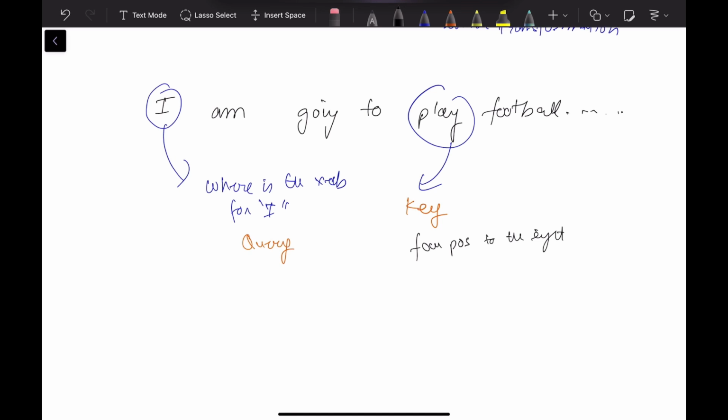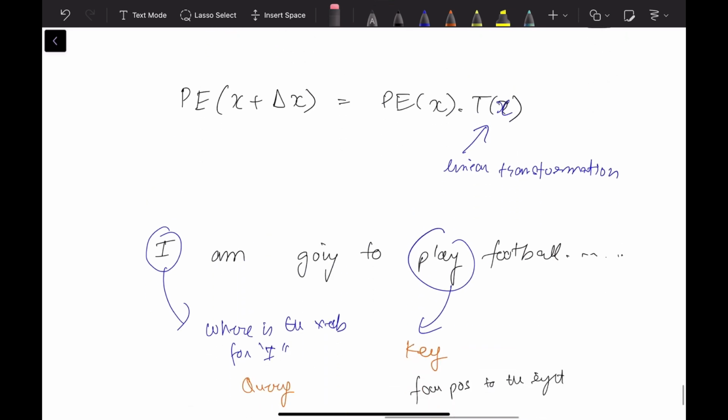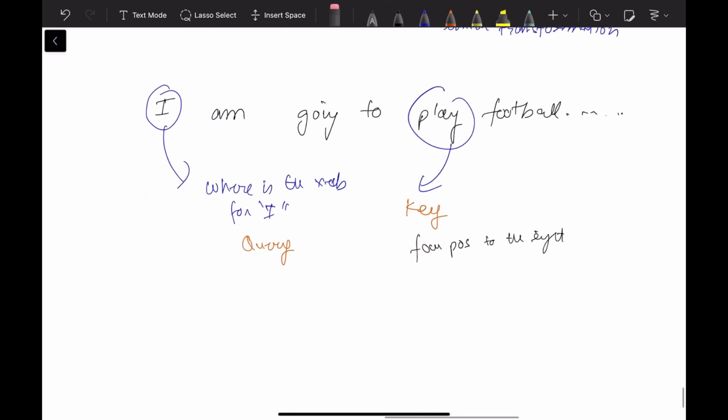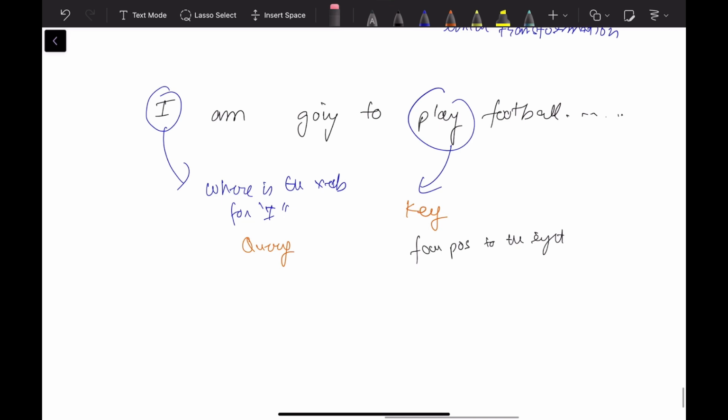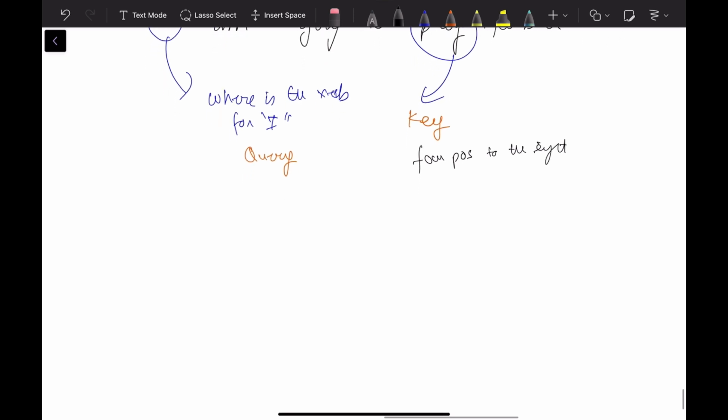If the transformation of positional encoding due to a shift in position is linear, then the model can easily adjust keys and queries to reflect these small changes without losing the relationship between words and their positional context. So mathematically, PE(x + delta x) equals PE(x) dot product with a transformation matrix, that is a linear transformation. So linear transformations are not just a convenience, we kind of need it. So now we have understood that we need it to be linear.